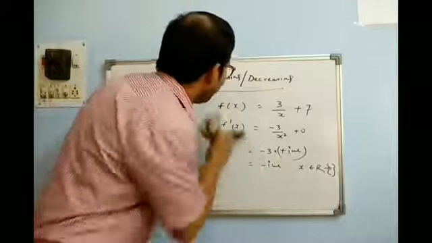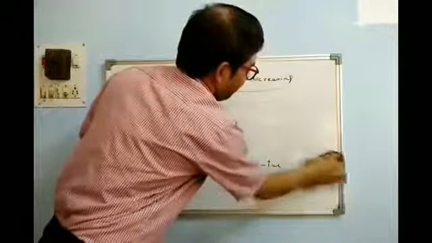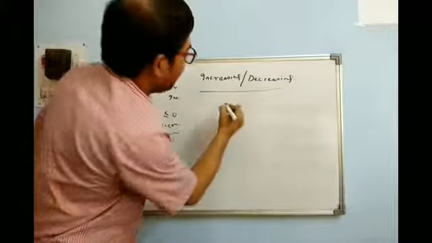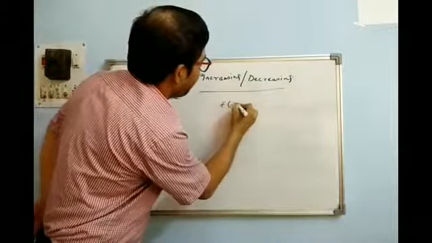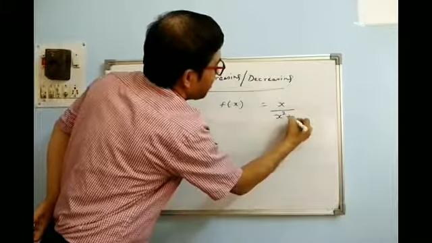One more example I am going to take to check the interval where it is positive or negative. It is f x equal to x by x square plus 1.